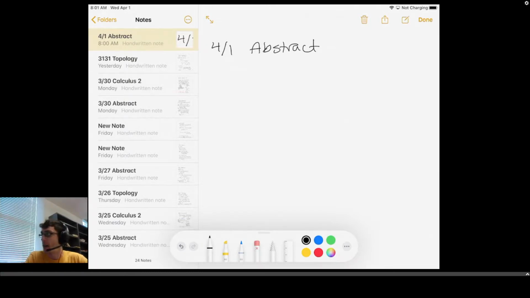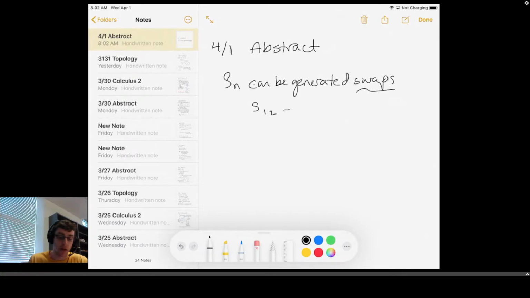Basically, we said that S_n can be generated by swaps. This is something we talked about way back, and now we have a better notion of what a swap is. Before we used this S_12 notation, now we think of it as (1 2), and instead of the word swaps, we will now call these transpositions.